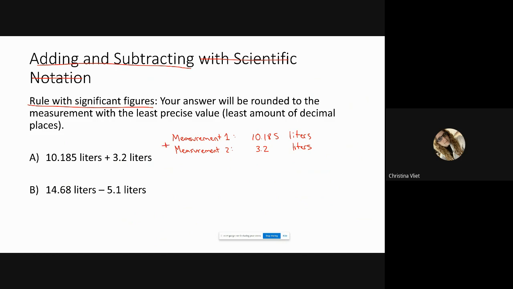So, adding multiple measurements. And once again, this is not only for 2 measurements. It could be 3, 4, 5. Usually just a couple of them. 10.185 plus 3.2 liters.